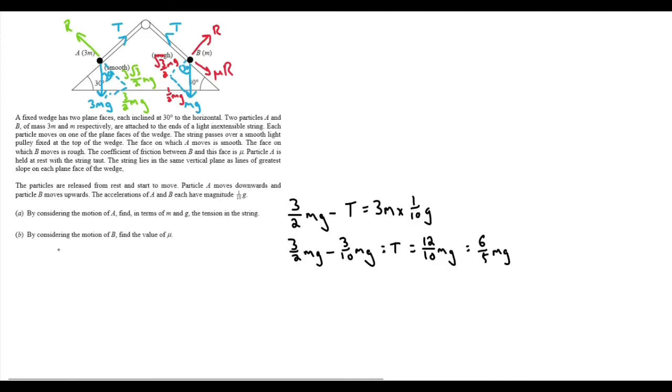Then we can go to part B, which will be: by considering the motion of B, find the value of mu. We can do this now because we have the tension. Previously, that would have been two unknowns. So here, because B is moving upwards, T is going to be its forward force, but then we're going to minus from it this mu times the reaction force, which in the case of B is just going to be matching that perpendicular component of the weight.